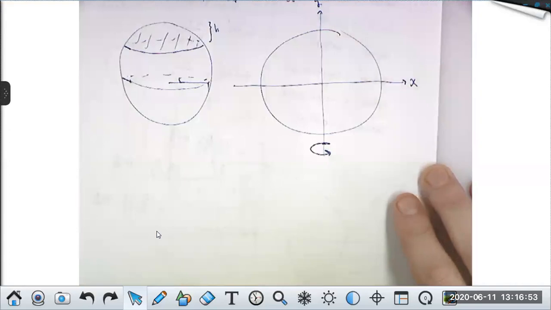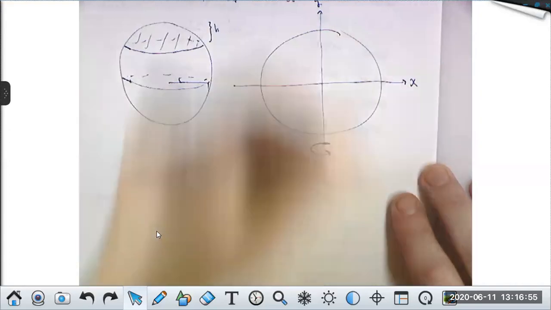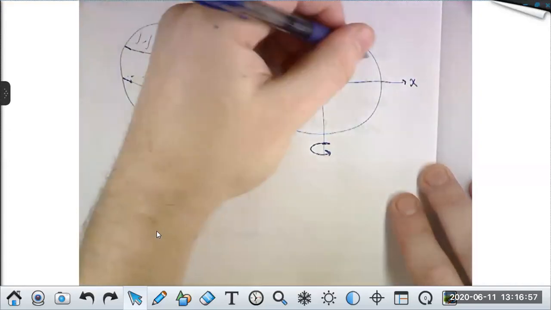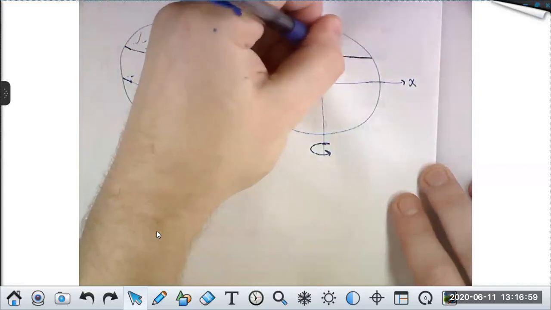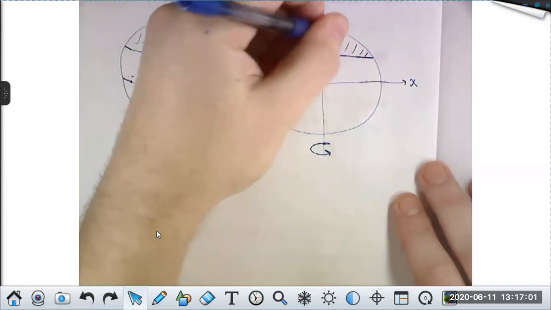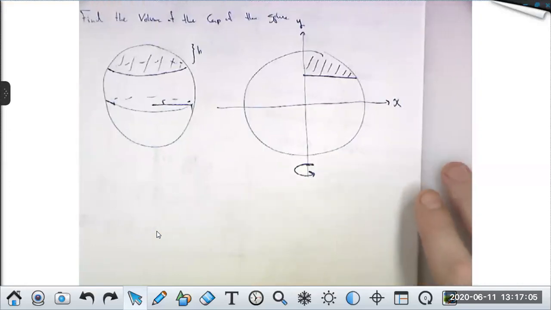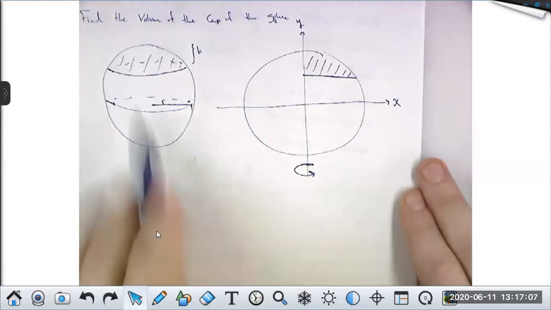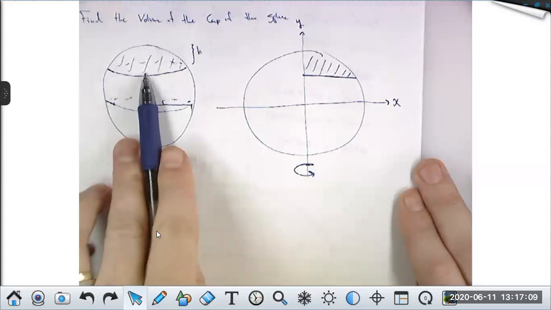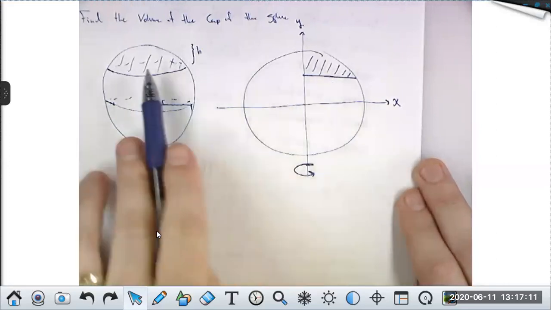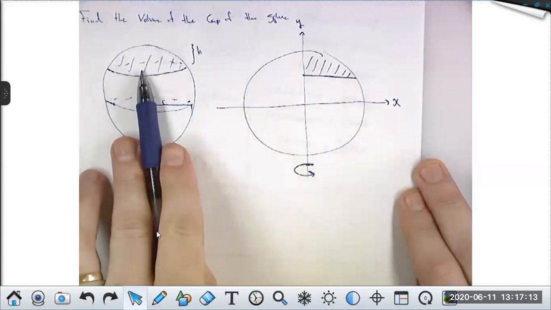So here, if I rotate the shaded region on the right, I will get the shaded solid on the left, if I rotate just this half of the sphere. Does that make sense? Yeah.